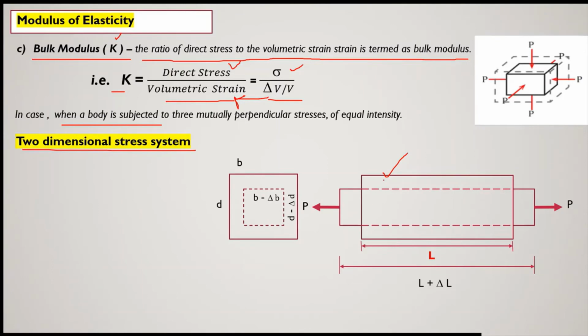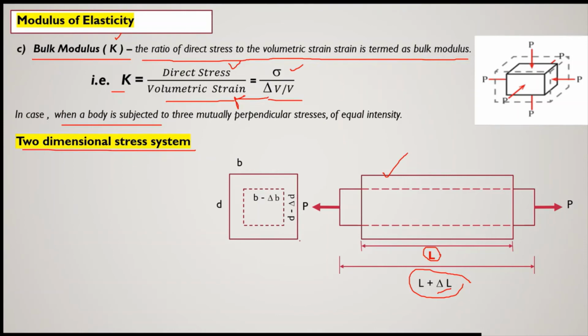So this was the original shape, and on the application of force, this body got some elongation by delta L. So this dotted shape will be the final shape. This is the initial shape, and this will become the final shape. So finally the dimension is L plus delta L. Initially the dimension was L. So that means this bar has got some elongation by delta L.